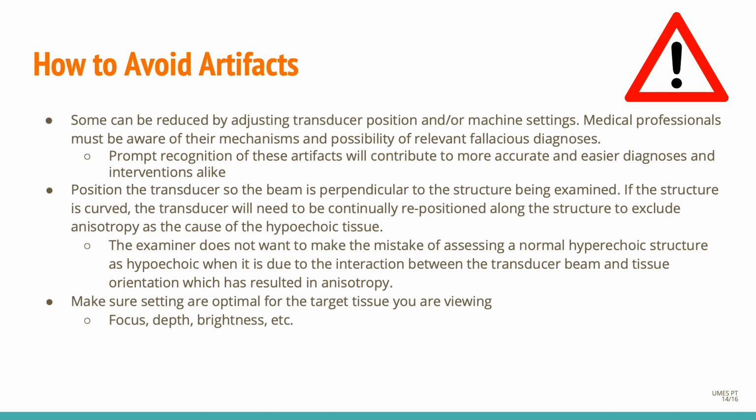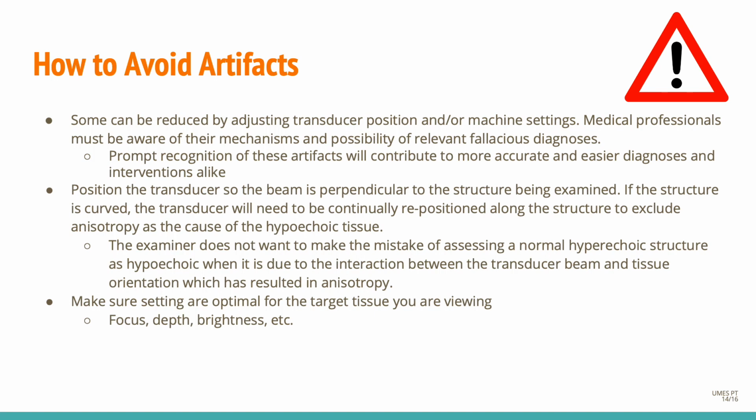So you want to position the transducer beam so that it is perpendicular to the structure being examined. If the structure is curved, then you will need to continually reposition along the structure to exclude anisotropy and other artifacts that can cause hypoechoic tissue.